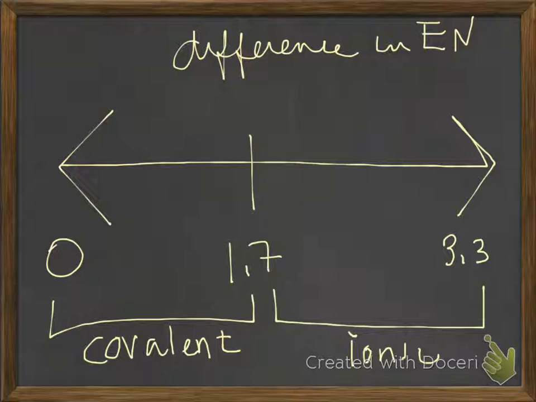Now, remember how I said it's not as simple as I've been telling you all along? So the challenge comes in that there are two kinds of covalent bonds. There are covalent bonds where they are being shared totally evenly. So they're purely covalent. That's things like H2, N2, O2.